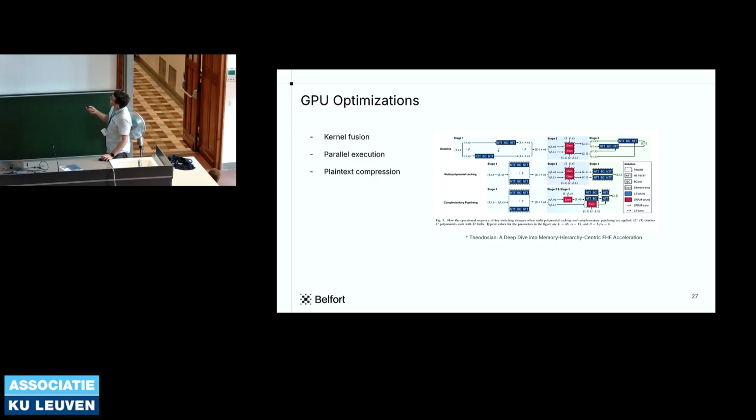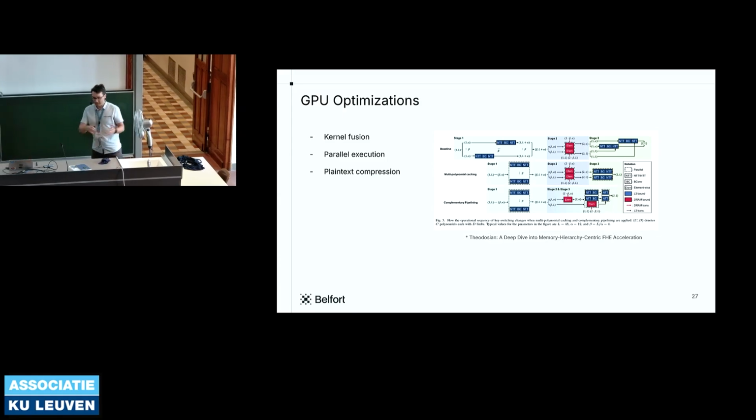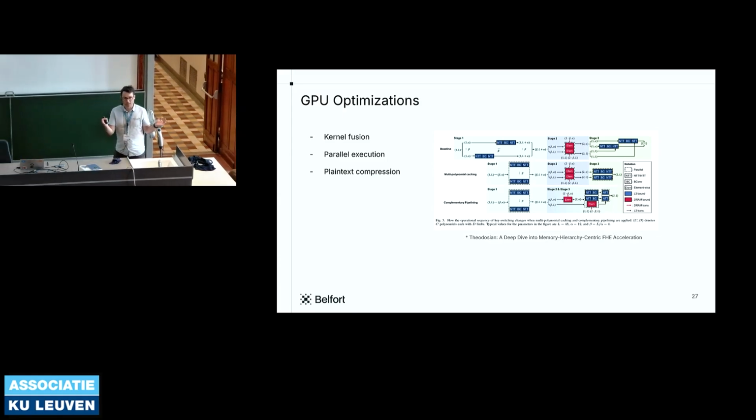Maybe I can talk about plain text compression. You have these plain texts, they're known to everybody, but because of the way that the ciphertexts are packed, you can have repetitions in these plain texts. If you already know that you have repetitions in your plain text, then you can reduce the size and expand it later, and that's going to reduce the data movement on your GPU.